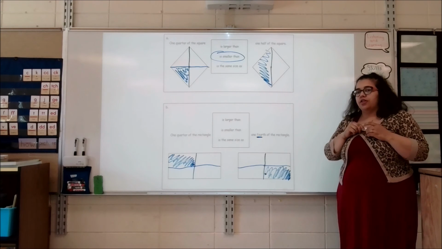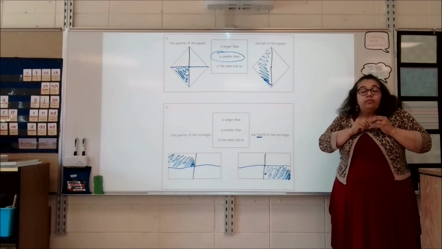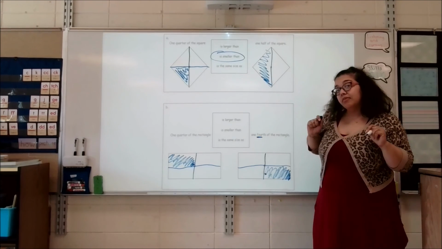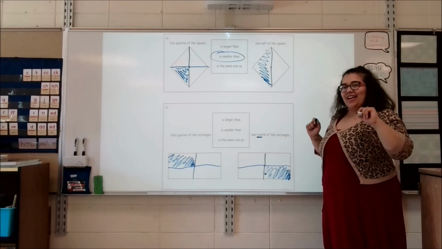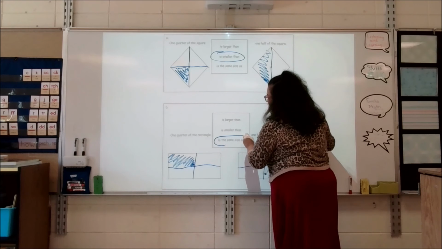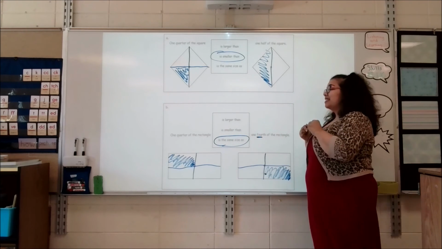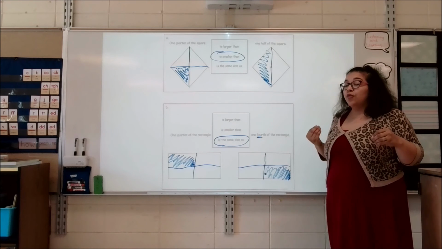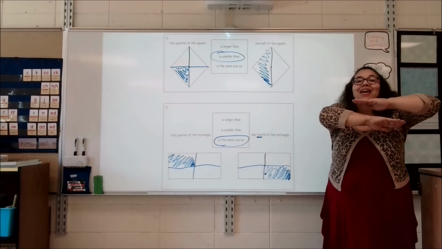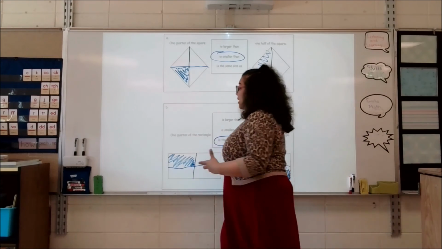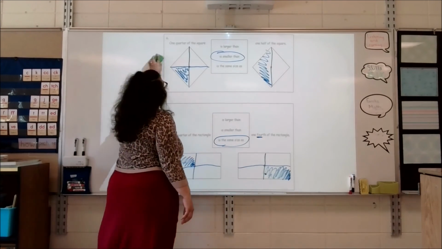How much is shaded on each of them? The exact same amount of rectangle is shaded. Just like quarters and a dollar, 1/4, quarter 1/4 means the exact same thing. It's two words with the exact same meaning.